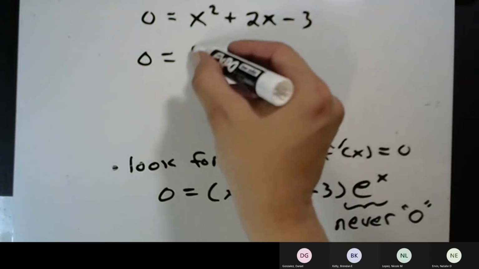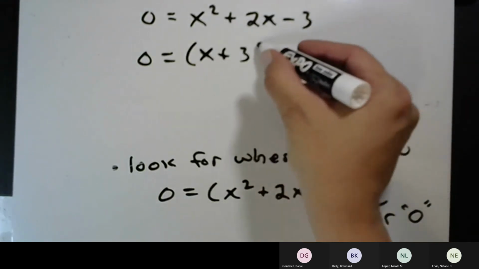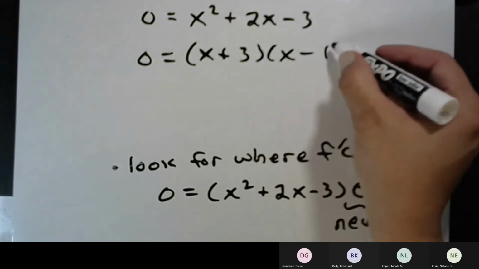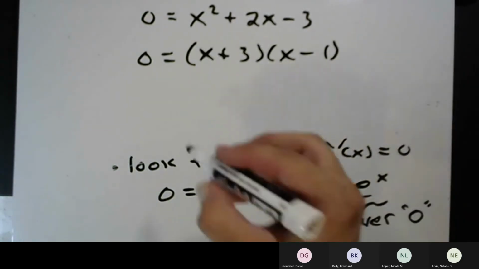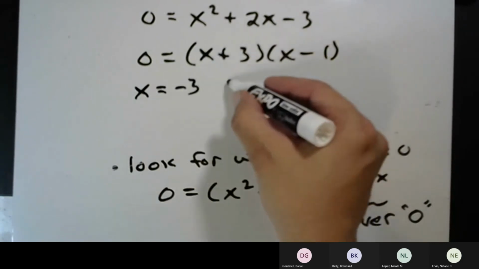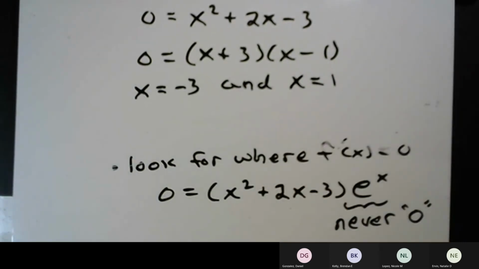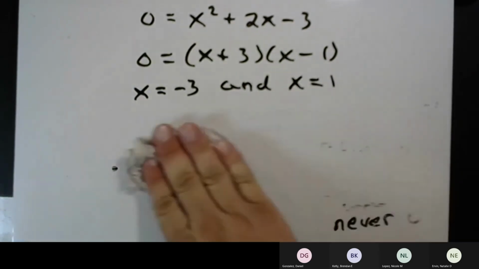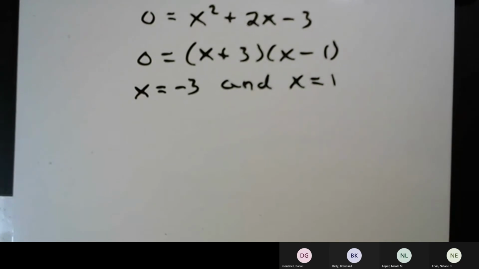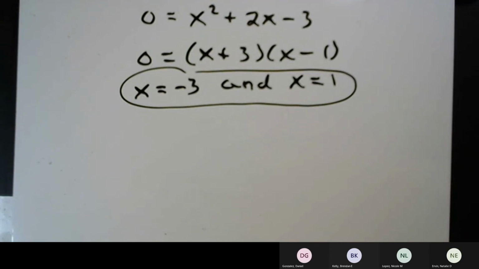Or we can factor this, x plus 3, x minus 1. Or that means x equals minus 3 and x equals 1. So this is what we can do. We have our critical points. So in this case, we have 2 c's to work with.